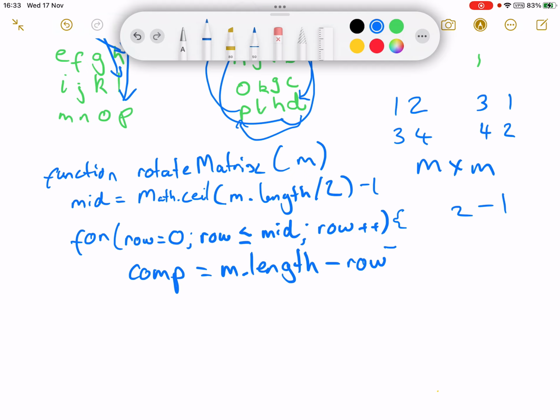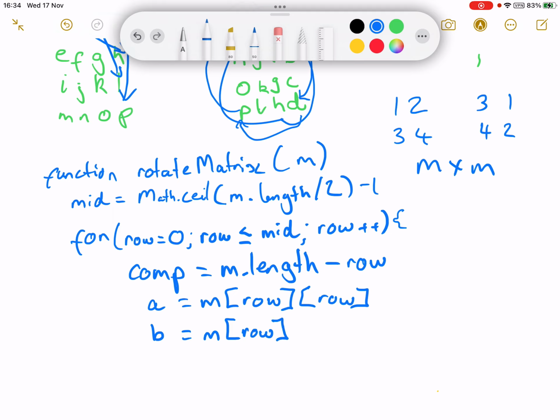Yes. Actually, what I did before was right. So, okay, so that's a comp. A is equal to M row. B is equal to M row. Shit. That was the issue, -1. Because the midpoint is 0, not 1.